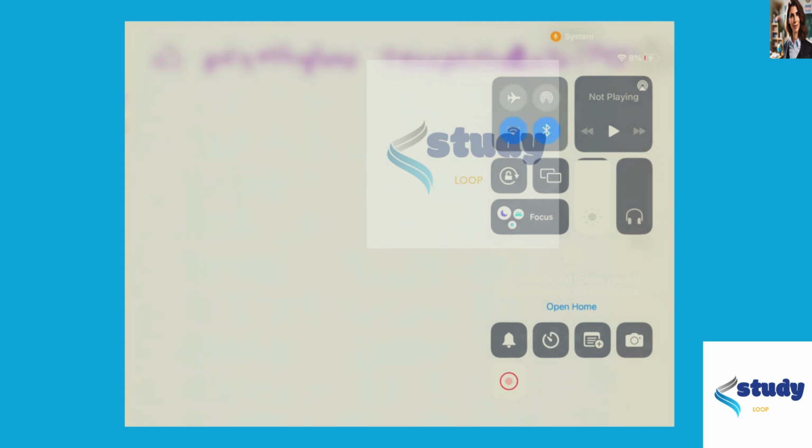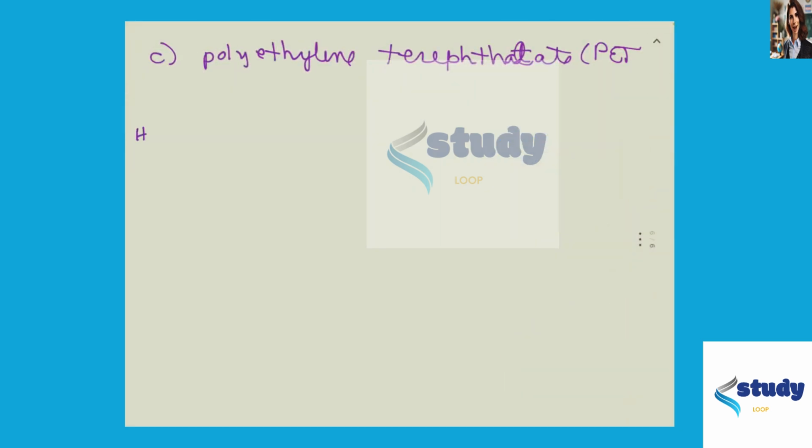So the whole PET, fortunately, we had this. So it's going to be ethylene glycol. I'm going to do another bad diagram here.